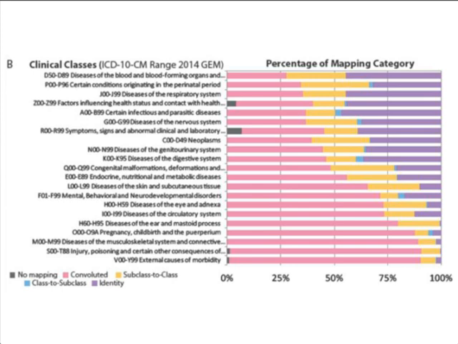So, this is the clinical classes for ICD-10-CM. Again, hematology seems to be the least convoluted. Again, external causes of morbidity is very convoluted, which is not surprising, seeing the 14-fold increase in the number of codes. Childbirth, again, is still complex.